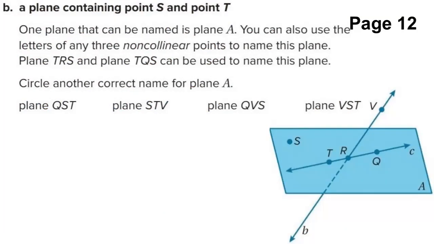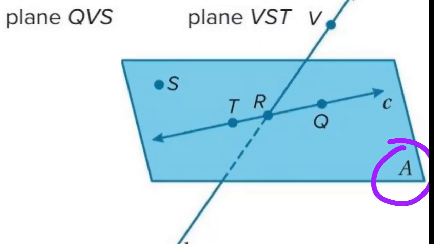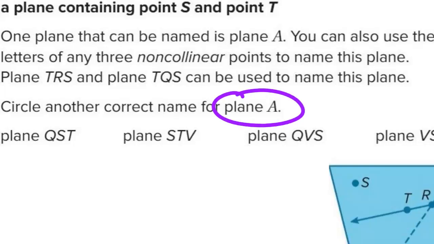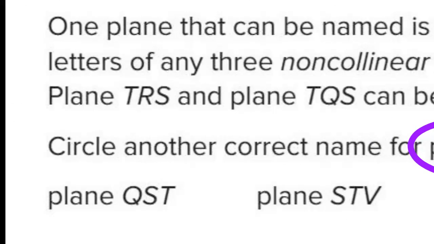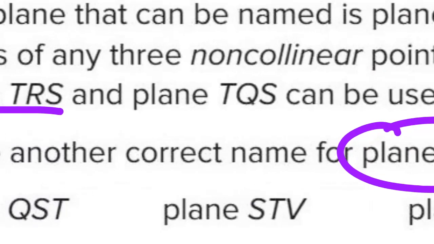How can I name planes again? 3 different points. And what can those 3 different points not do if I'm going to name a plane? They can't all be in one straight line. So I can't name this plane TRQ because T, R, and Q are all on the same line together. We can name it with a capital script letter like they have down here in the corner, so we can call this plane A. They have 2 names for it, plane TRS, plane TQS.